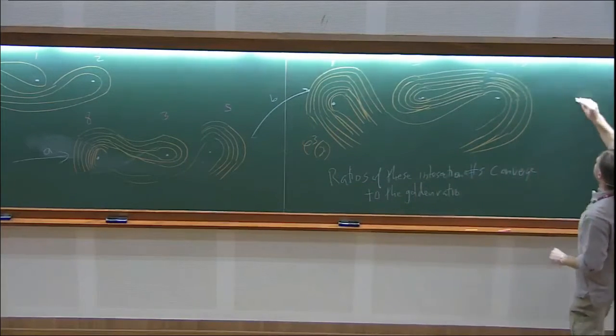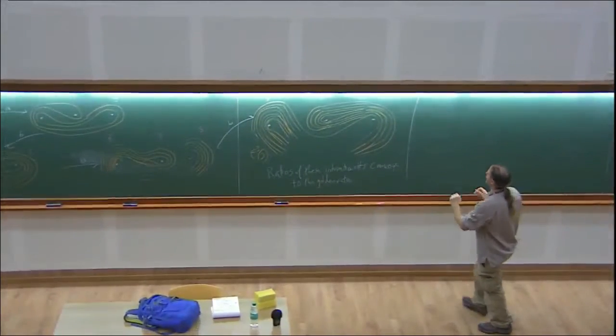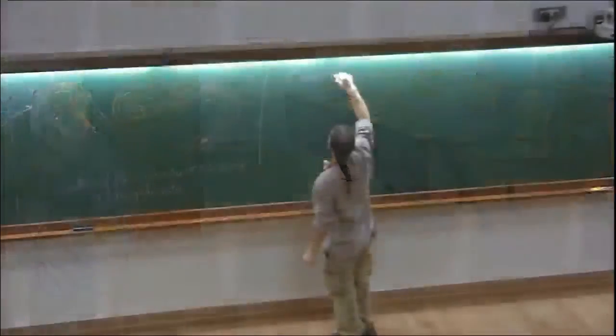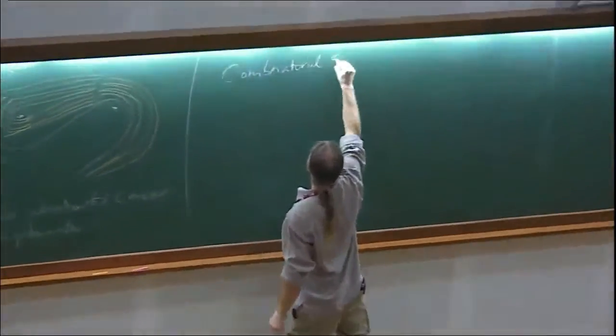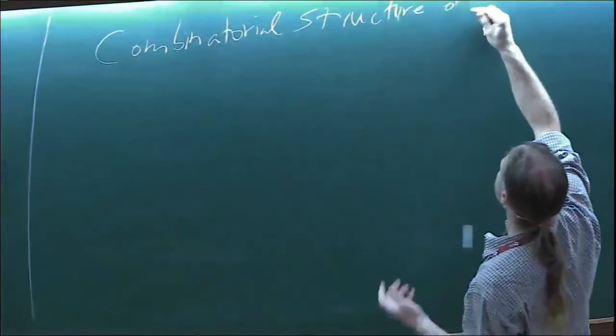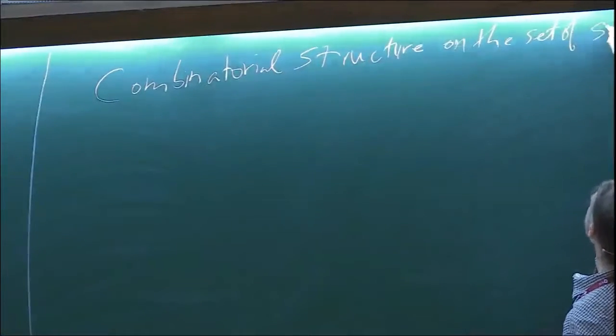So let's leave this concrete element behind for a few minutes, and let's talk about a combinatorial structure on the set of simple closed curves.